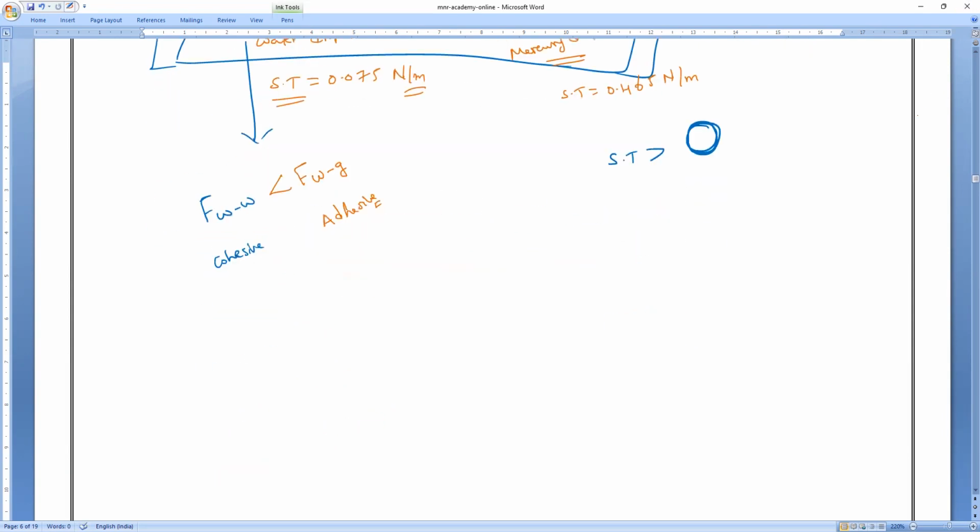So that is the reason, if I take impure water and place a glass tube, what will happen? Water will rise up or go down, rise or depression? It started rising up.